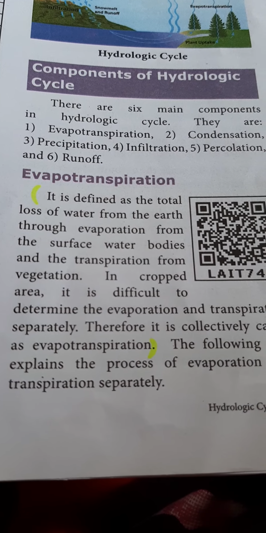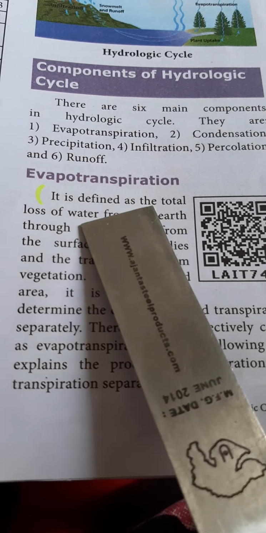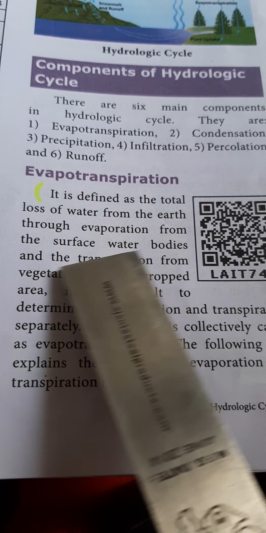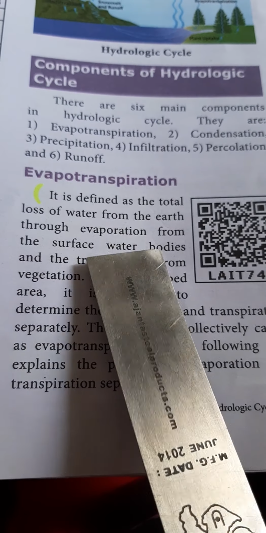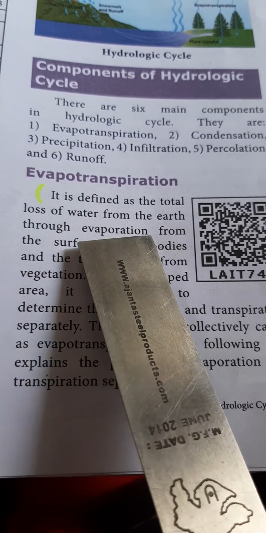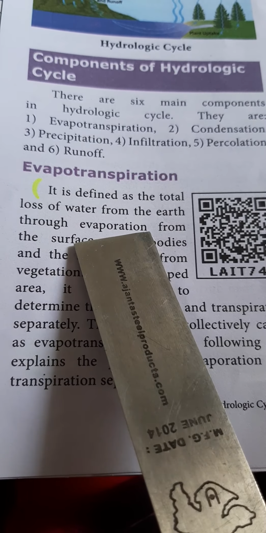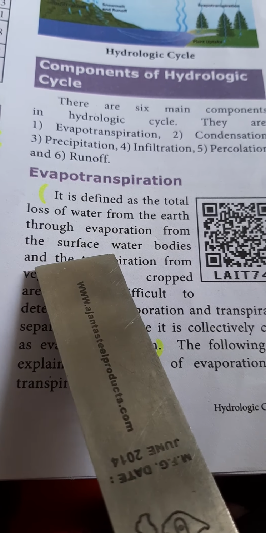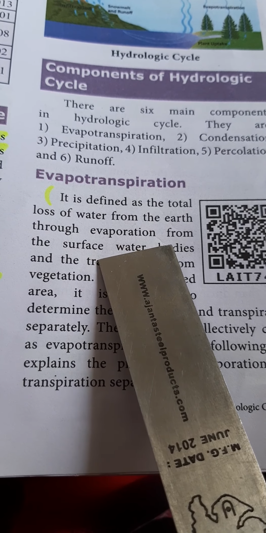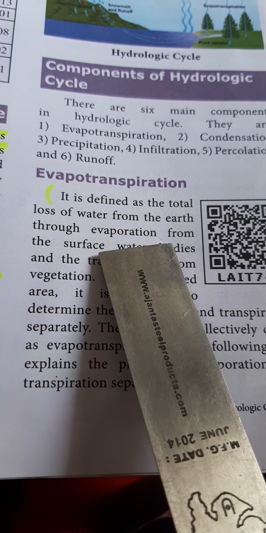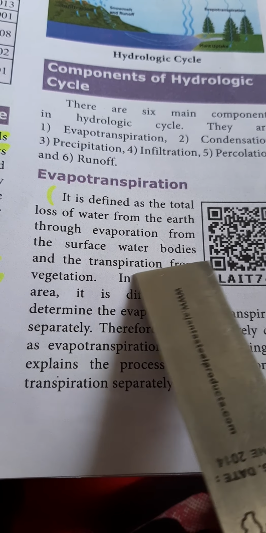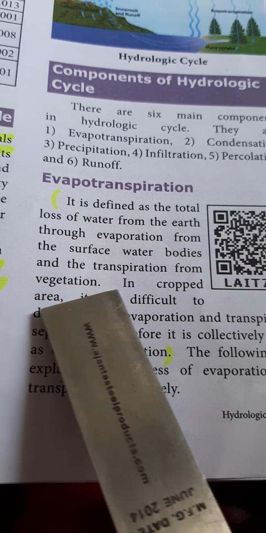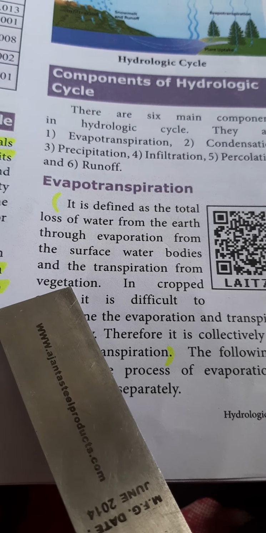Evapotranspiration is defined as the total loss of water from the surface through evaporation from surface water bodies and transpiration from vegetation.